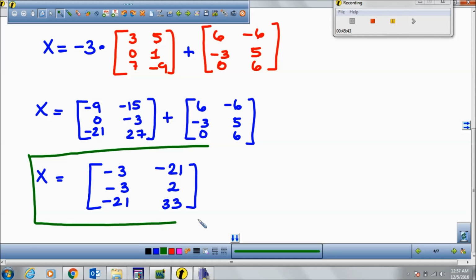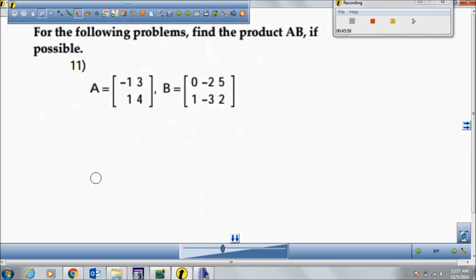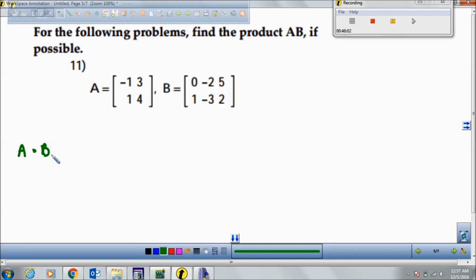Okay. So moving on to the next problem. And this one says, for the following problem, find the product A times B if possible. So product means multiplication. You're going to multiply A times B, and you have to set them up in the order that they're telling you to do the multiplication.